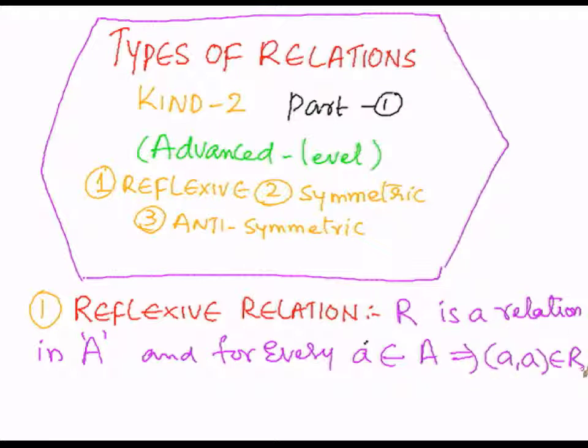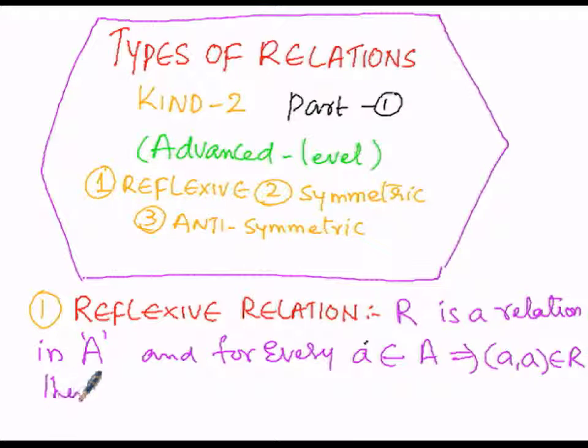When we assume R is a relation in set A, and we consider one element present in set A as a, which belongs to A, then automatically the ordered pair a comma a must belong to this relation.